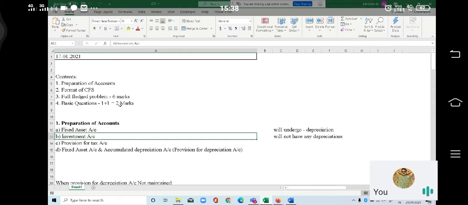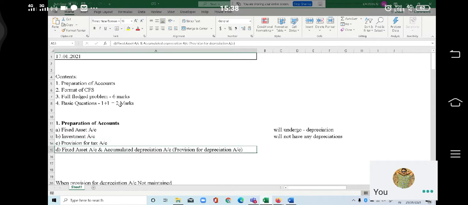One is the fixed asset account, the second is the investment account, the next is the provision for tax account, and the fourth is preparing both the fixed asset account and the accumulated depreciation account. The other name of accumulated depreciation account is provision for depreciation account.